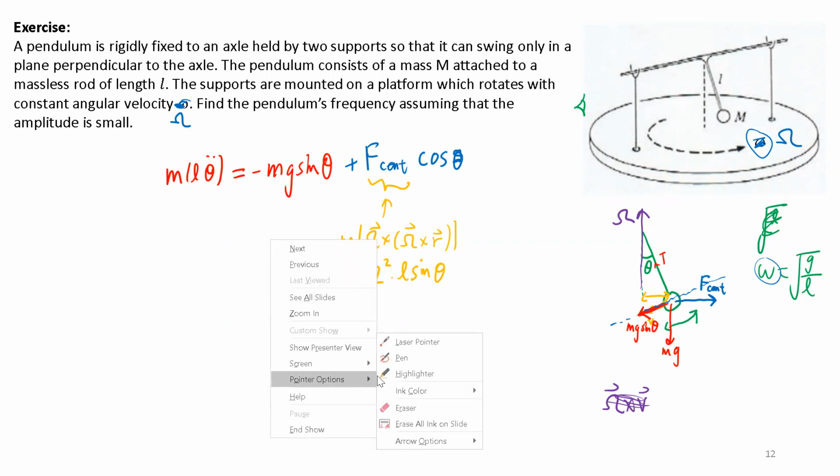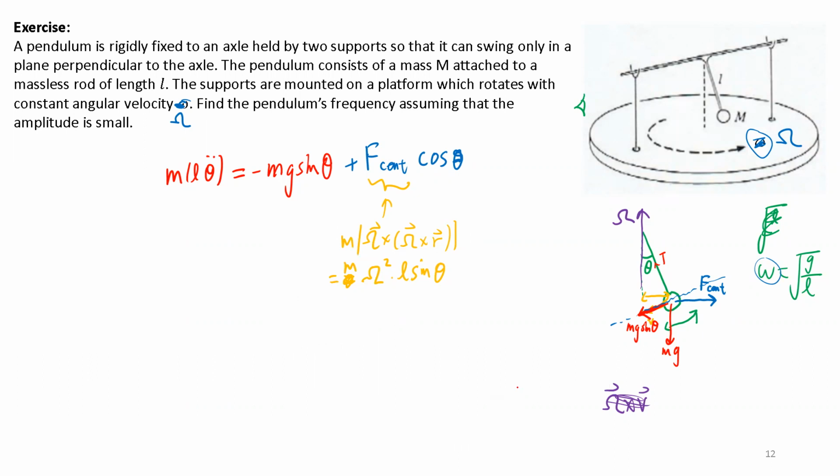Okay, so let me simplify the whole thing. I have the whole thing equal to minus mg sine theta plus m capital omega square L sine theta times cosine theta, which is 1/2 of sine 2 theta.